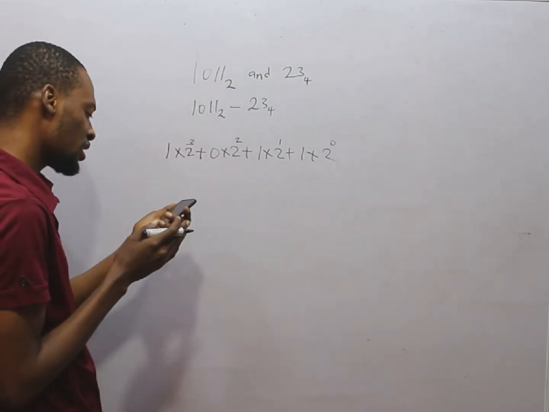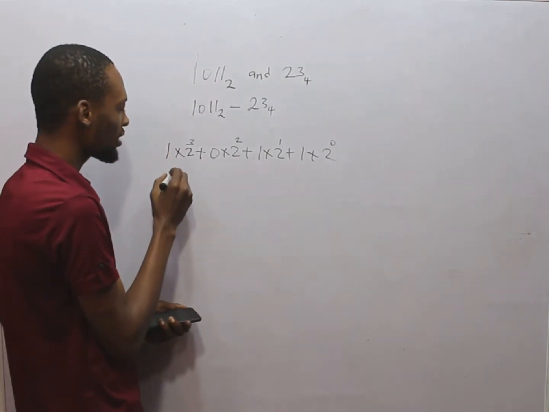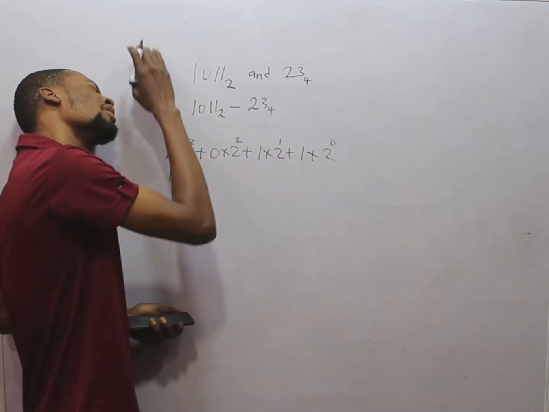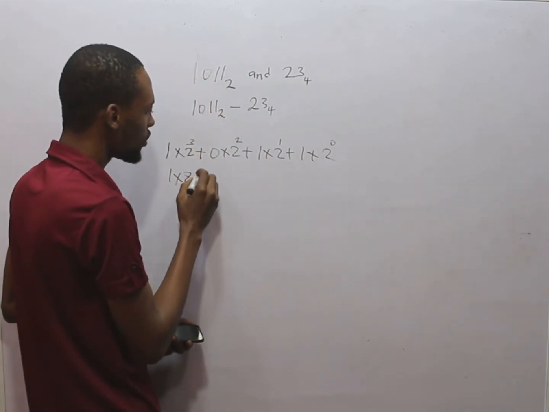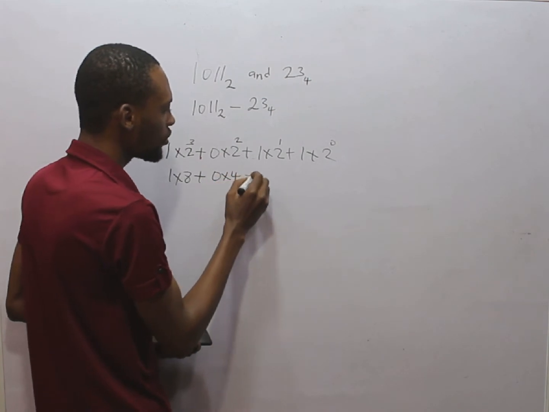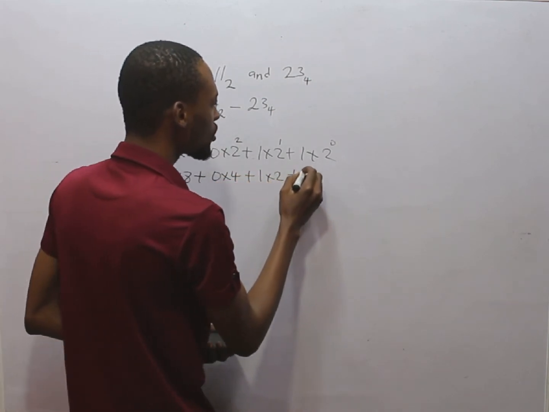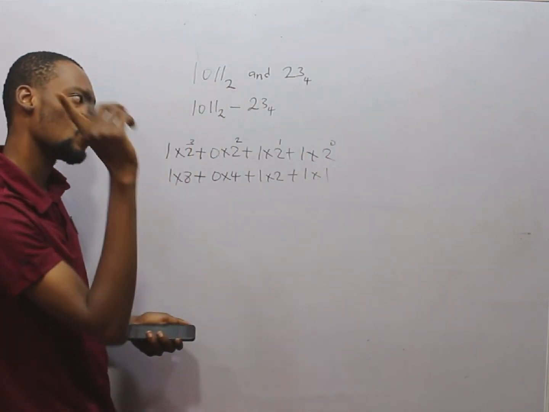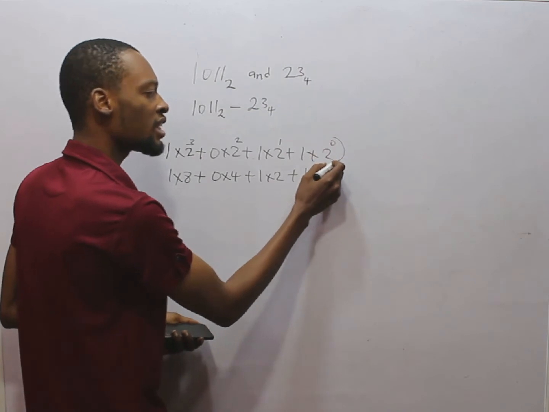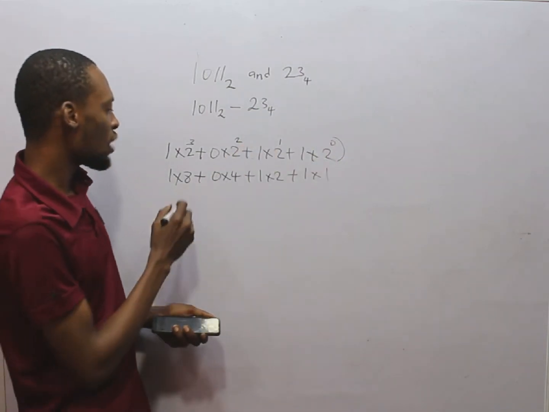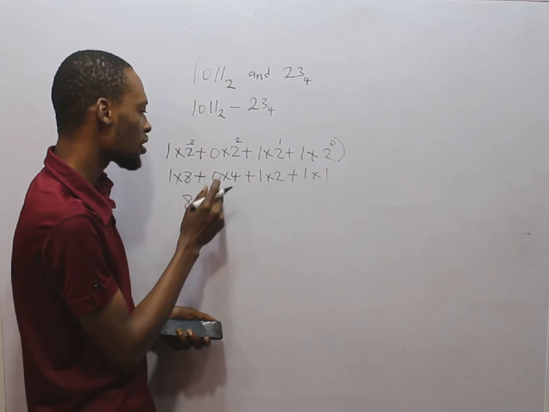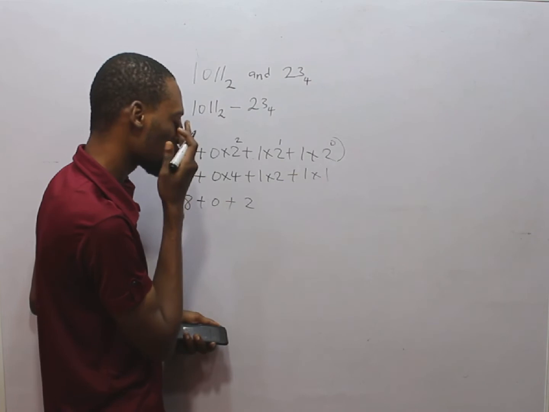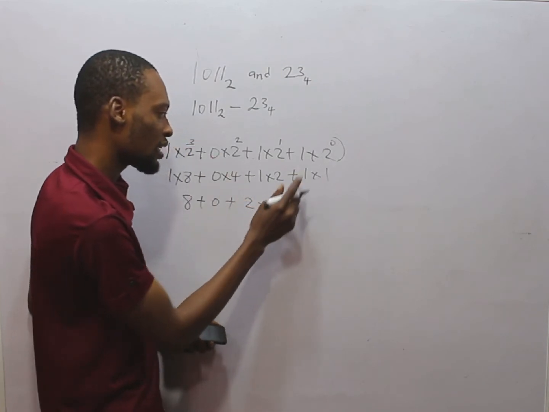In this case, you have 1 times 2 raised to the power of 3, which is 2 times 2 times 2, which is 8. So 8 plus 0 times 4 plus 1 times 2 plus 1 times 1. Any meaningful number raised to the power of 0 is 1. That is why 2 raised to the power of 0 is 1. So here we have 1 times 8 is 8, plus 0 times 4 is 0, plus 1 times 2 is 2, plus 1 times 1 is 1.